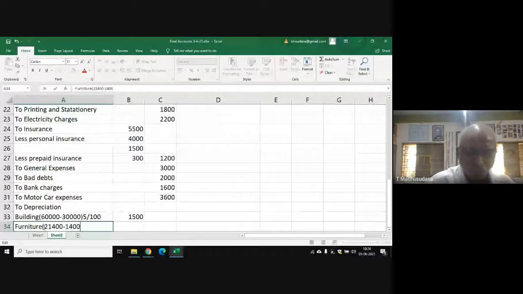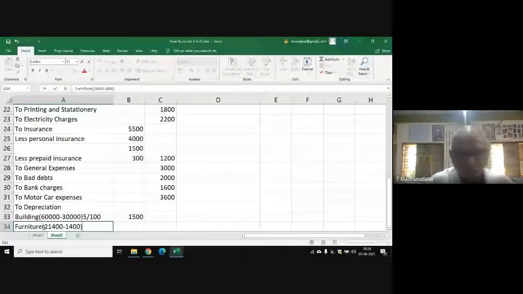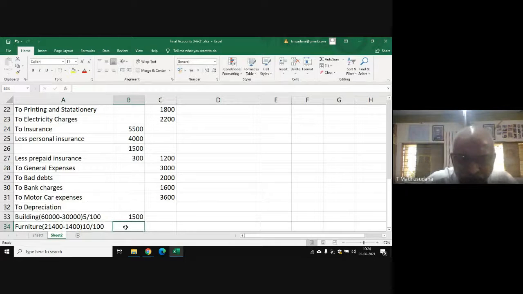We have to deduct it from the total value, and on the remaining value only we have to calculate the depreciation at the rate of 10%. So 21,400 minus 1,400 is 20,000. On 20,000, 10% means it is 2,000.